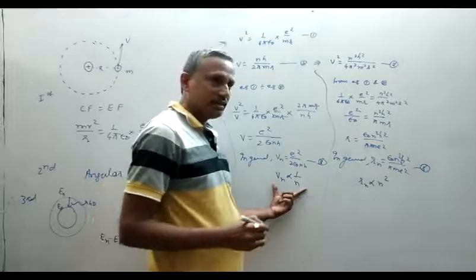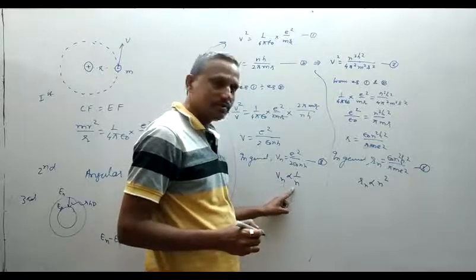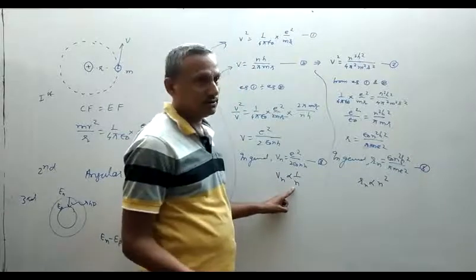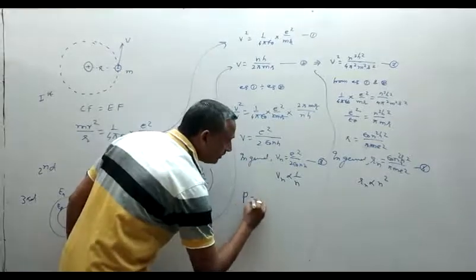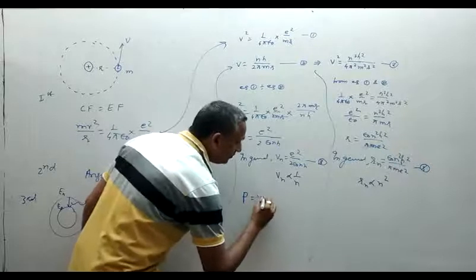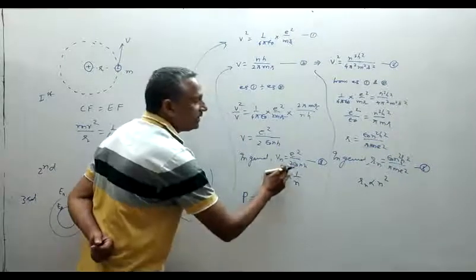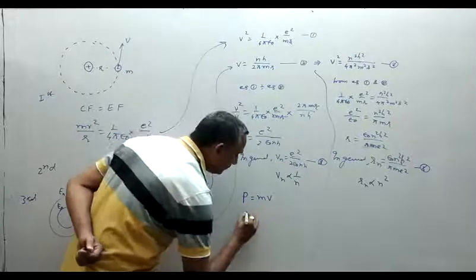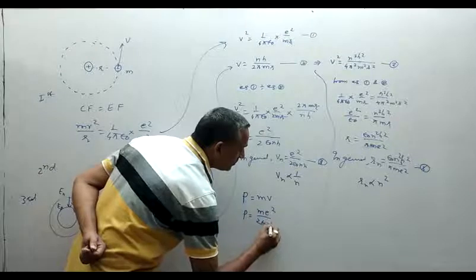So from this equation we can say that the velocity of electron in nth Bohr's orbit is inversely proportional to the principal quantum number. Also, we know the formula for momentum of an electron is mv. We substitute the value of velocity here, so v is equal to e square upon 2 epsilon 0 nh.